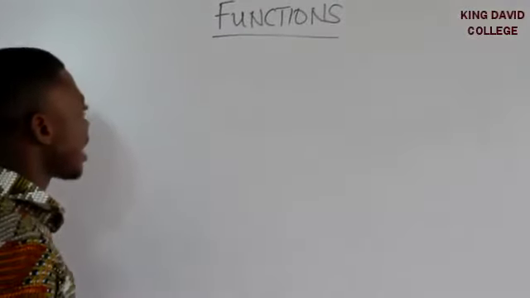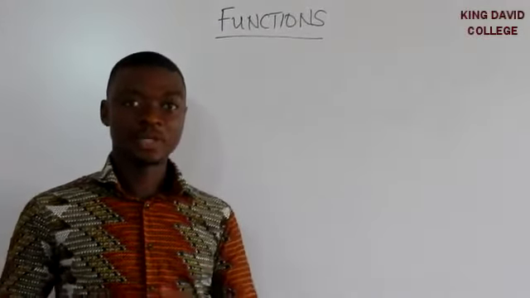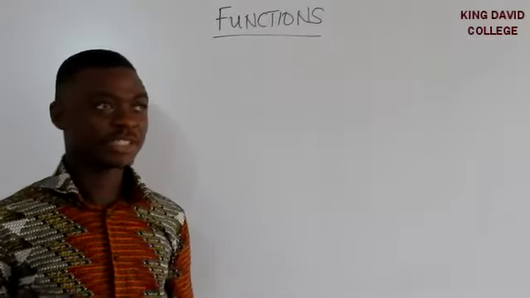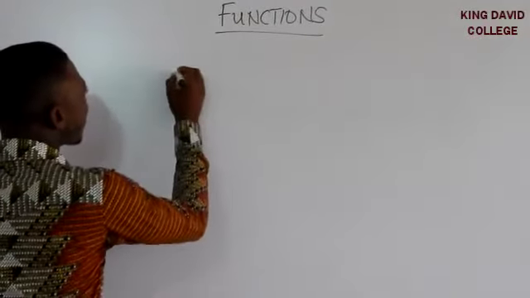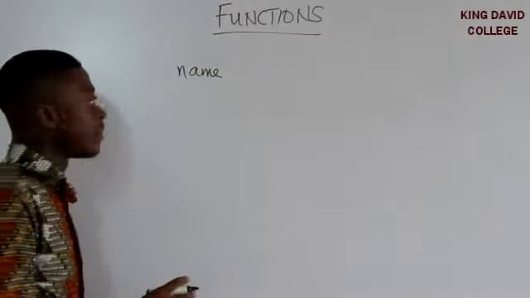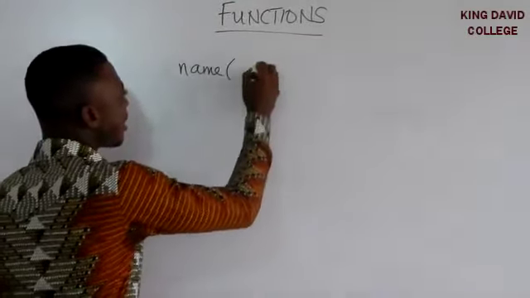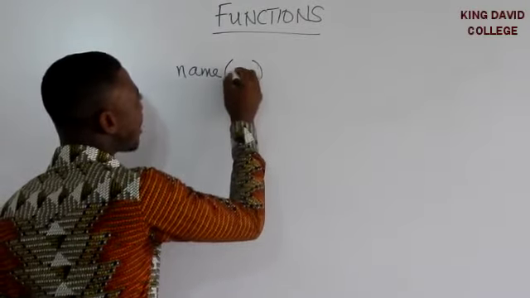So, now, let us give you the general notation for functions. General notation for functions. So every function has a name. And then this name also has an argument or whatever variable.